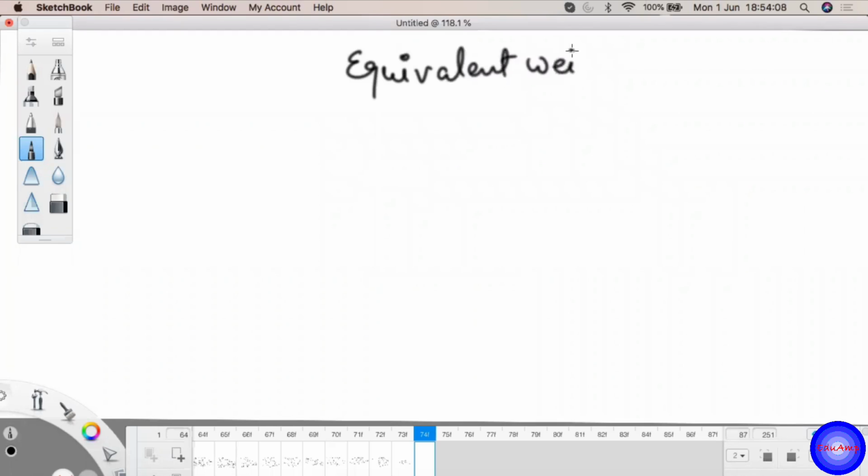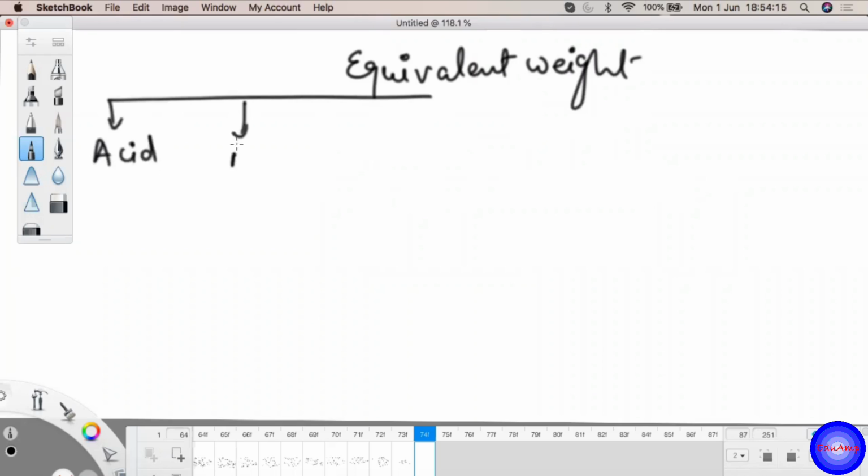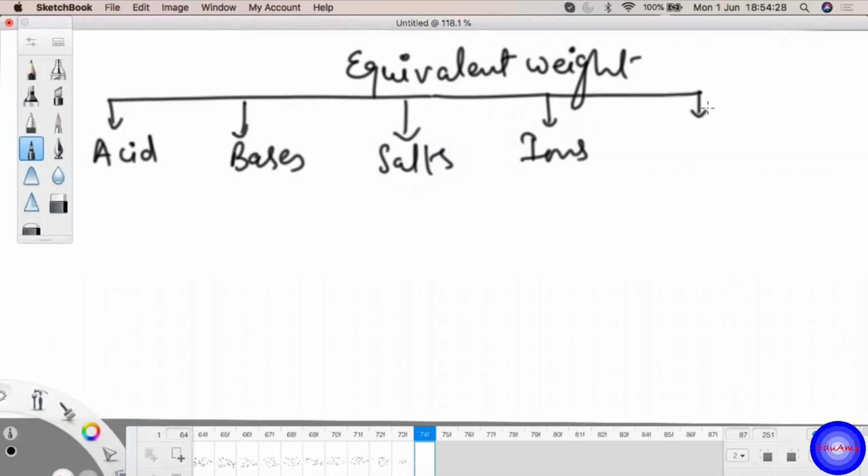Equivalent weight is calculated for different types: for acids, for bases, for salts, for ions, and for gases too. In case of acid, for calculation of equivalent weight, we will have to identify the molecular mass of the acid, and then divide by its basicity.